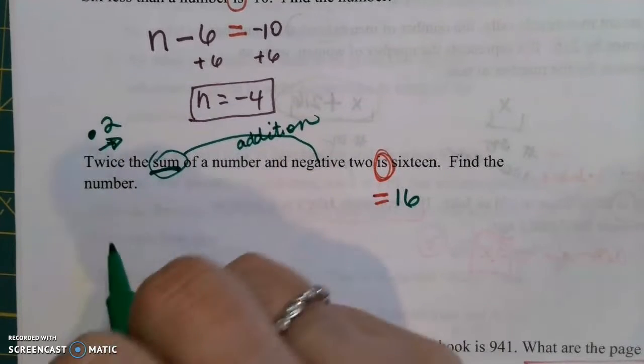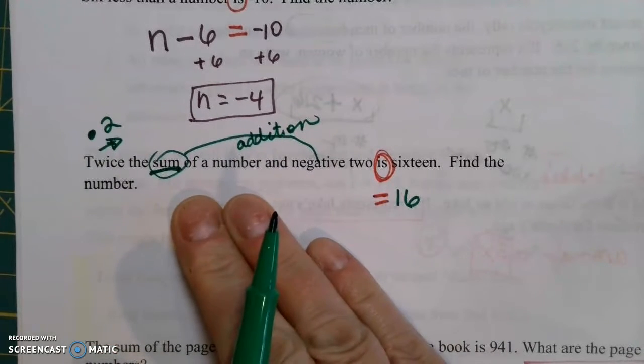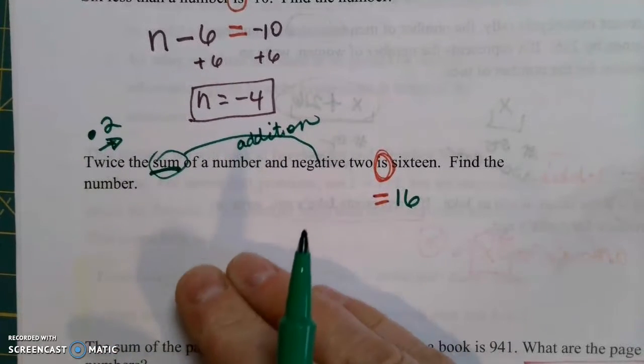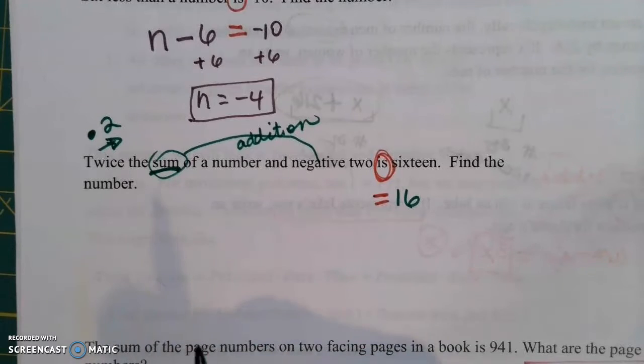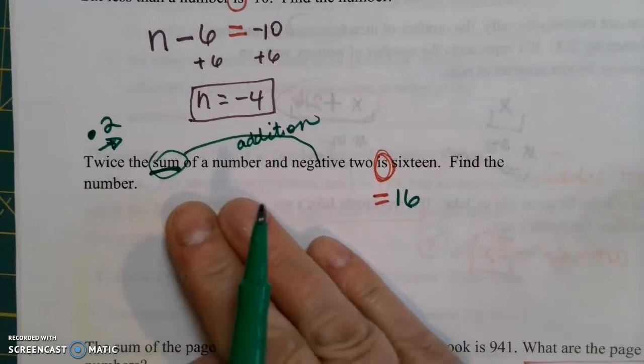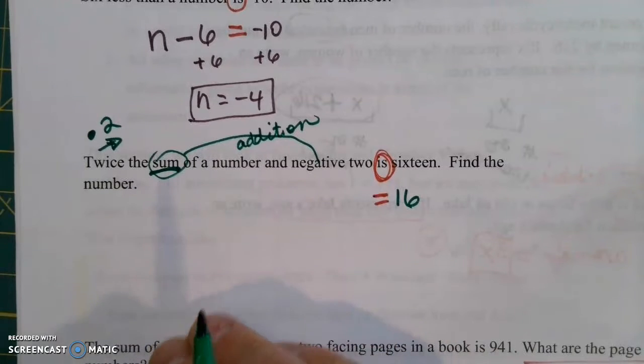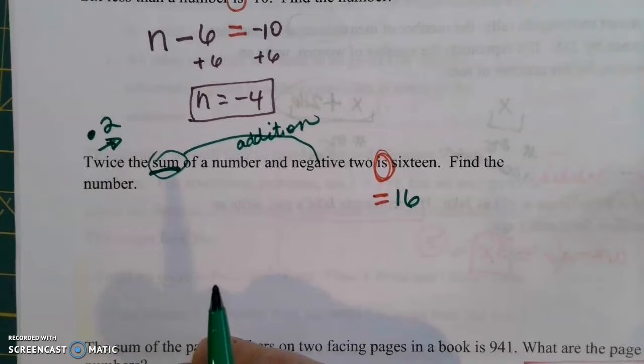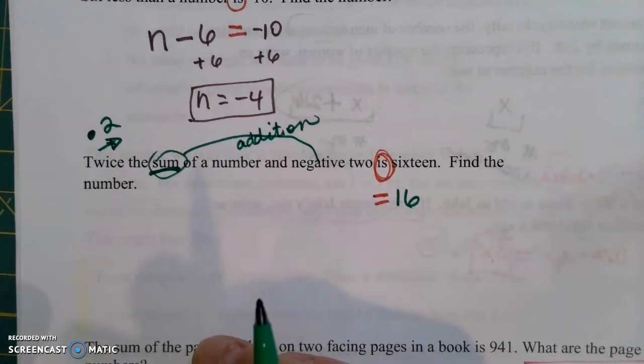When we use sum here to describe this addition, it's implied that we already did it. Sorry, addition, not subtraction. So when we say sum, that's the answer to an addition problem. So the implication is that we already did the addition, and this is the result.